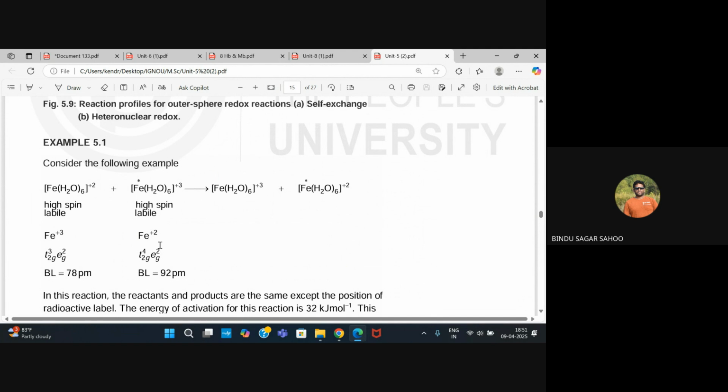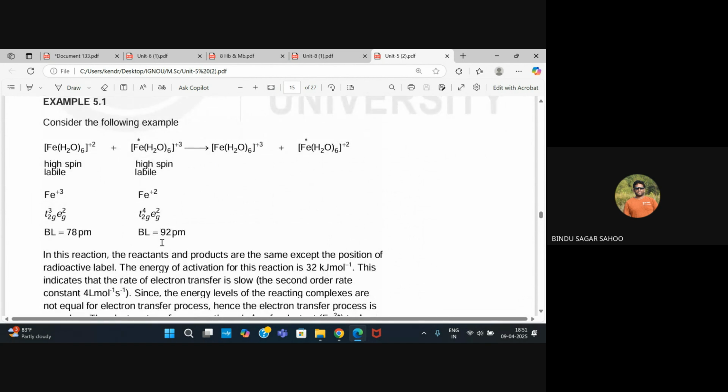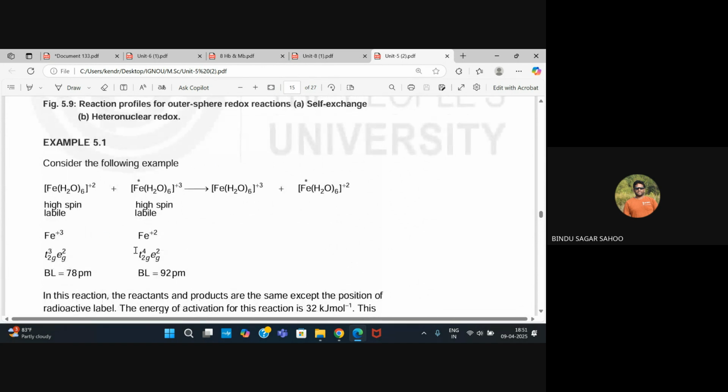That means the postulate predicts that electron transfer occurs from one complex to another. Then tell me, will electron transfer occur from this complex to that one, or the reverse? The one with the lower oxidation state is the donor, so the electron will transfer from this side to that side. Particularly, the electron will transfer from the t2g4 to the t2g3.